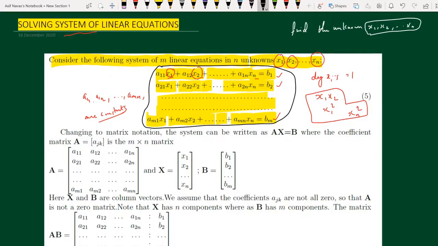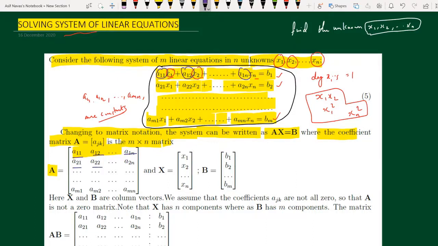It's not simple, so what we will do is convert this linear system into matrix form. The system can be written as Ax equal to b, where the coefficient matrix A is an m by n matrix. What is A? A is the coefficient matrix. The first row is a11, a12, etc., a1n.